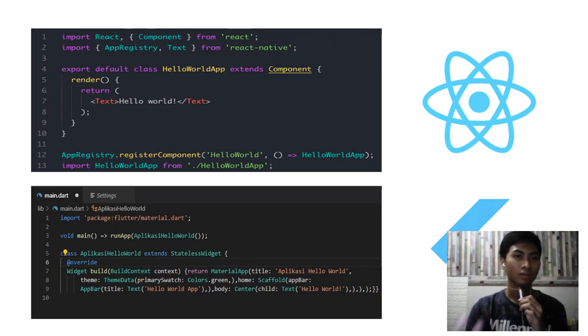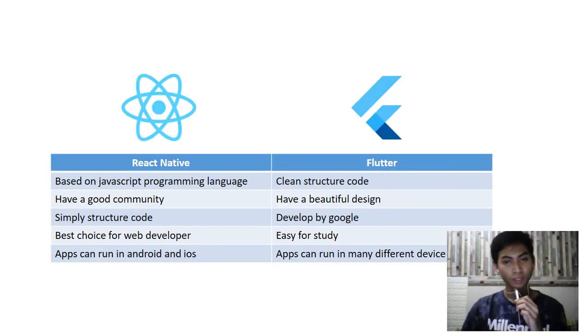In React Native, just write import name from where. Different with Flutter, Flutter can import package, it's the name of your package. It's just that. Next.